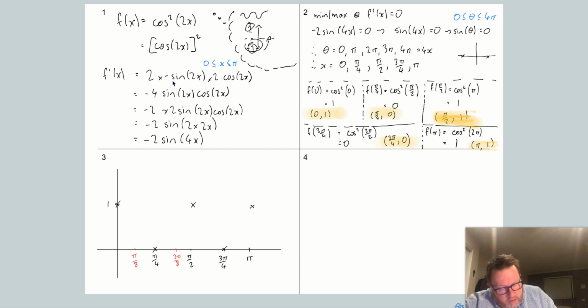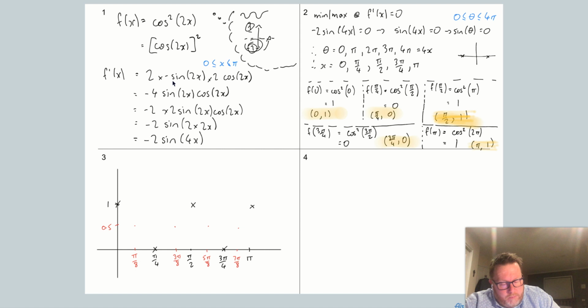And then we've got 5 pi on 8, and then we've got 7 pi on 8. And this is halfway between 1 and 0, and so that would be at a half, or 0.5. And so these red dots here are going to be our changes in concavity. Again, nothing calculated here, just what I know about how cosine works.